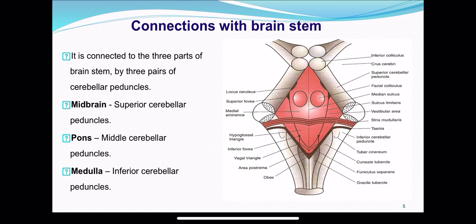With the medulla, it is connected through inferior cerebellar peduncles. These peduncles are a pair, one on either side. So, the cerebellum is connected with the midbrain through superior cerebellar peduncles, to pons through middle cerebellar peduncles, and to medulla oblongata through inferior cerebellar peduncles.